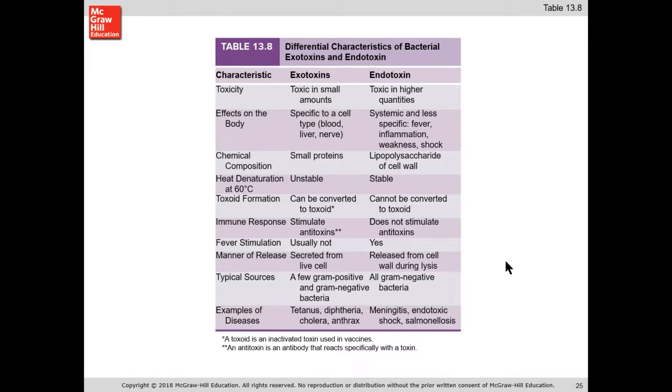And the one thing I want to point out on this is that the endotoxins may not make you feel bad until the bacteria are already starting to die. And the reason that I'm pointing that out is because this happens to some people when they are sick and then they take an antibiotic. So I'll explain what it might feel like if you have this kind of bacteria inside of you.